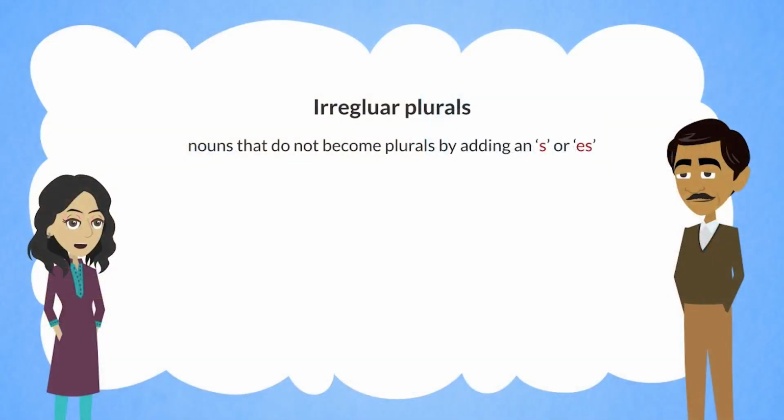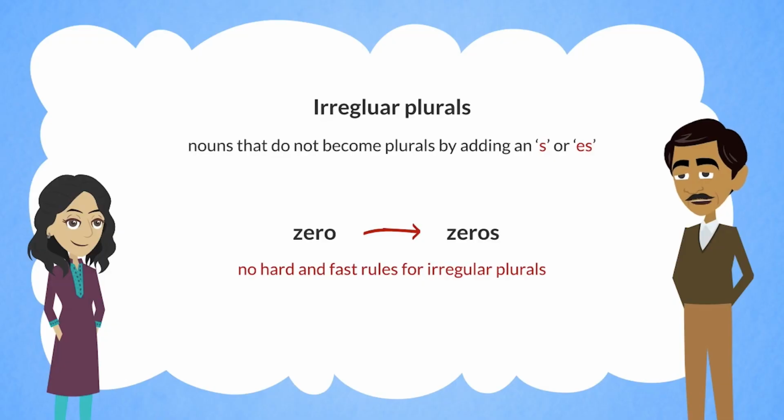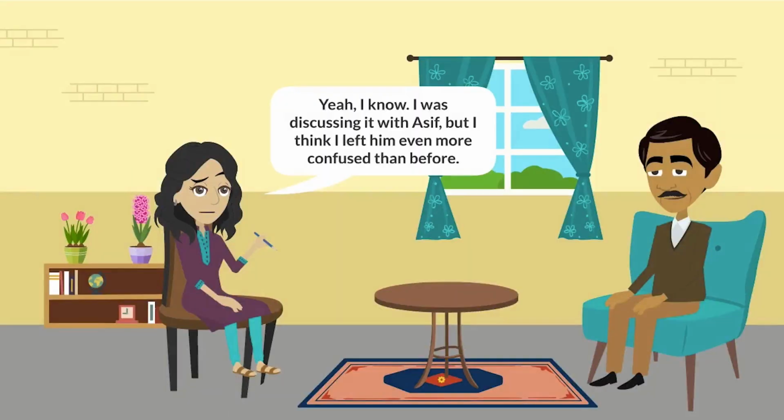I came across a word yesterday, zeros. I always thought that it was an irregular plural, but it's not. No, it isn't. There are no hard and fast rules for irregular plurals, so they can be confusing. Yeah, I know. I was discussing it with Asif, but I think I left him even more confused than before.